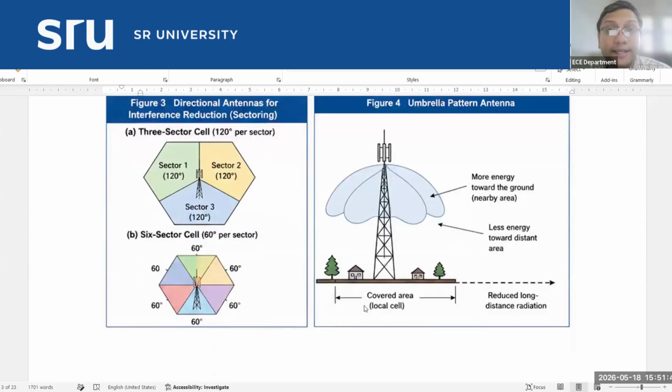Taking this example, 3 sectors, total angle is 360 degrees. So 360 degrees divided by 3 is 120. If I want to divide the entire cell into 3 sectors, I need to use an antenna which has a beam width of 120 degrees.